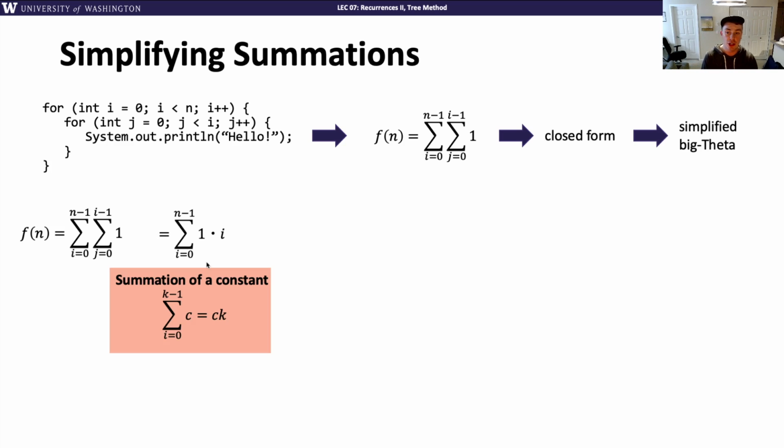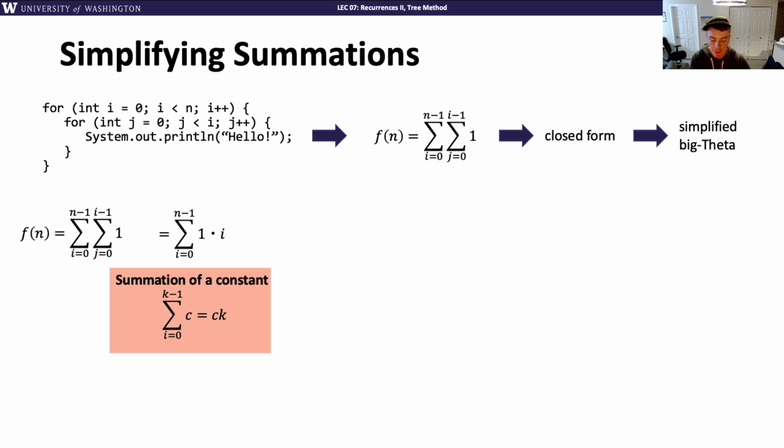So the first one we're going to use is called the summation of a constant. If you're looping from i equals 0 to k minus 1, adding up some constant c, another way of saying what that value is in English is you're adding c up k times, because you include 0 and you stop at k minus 1. So c plus c plus c, k times, is the same thing as c times k.